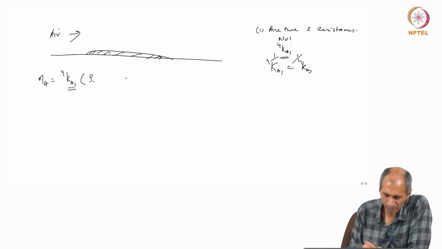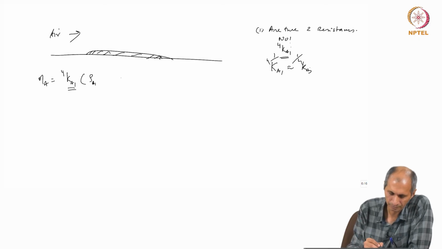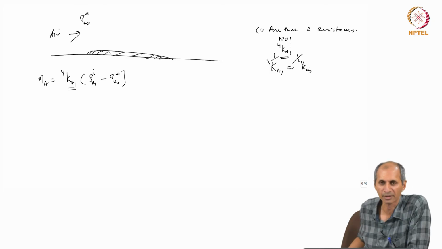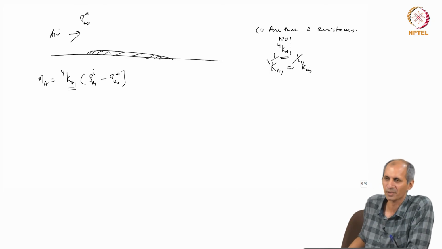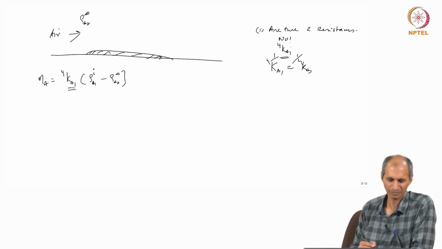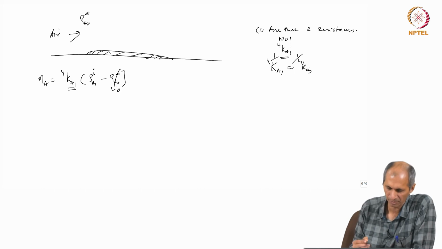So, here what will this term be? There is some background concentration here. This term will be an interface concentration Ka1i. What is Ka1i? You know this value. So, this we assume to be 0.